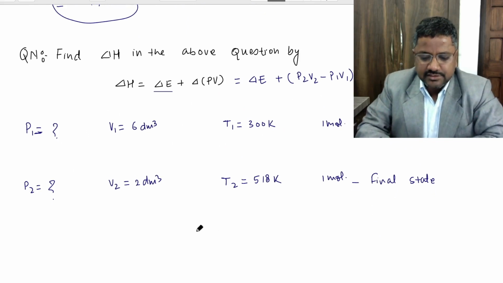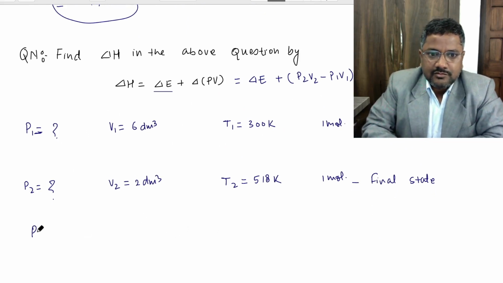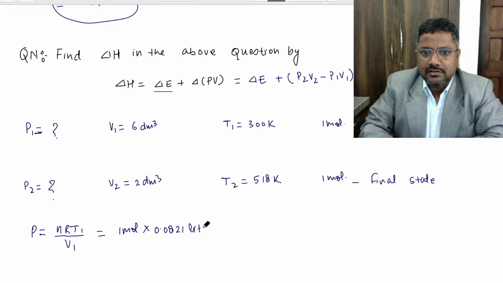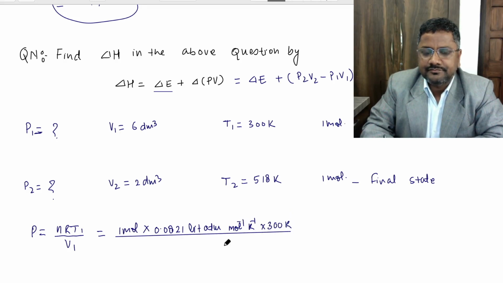So P1 is equal to nRT1 by V1. So this is equal to 1 mole, 0.0821 liter atm per mole per degree Kelvin, 300 Kelvin, divided by 6 liters.